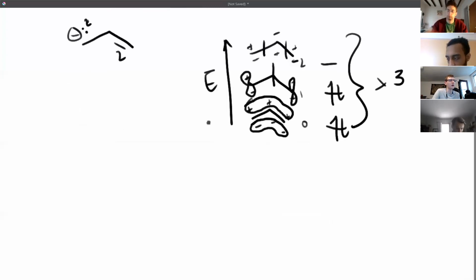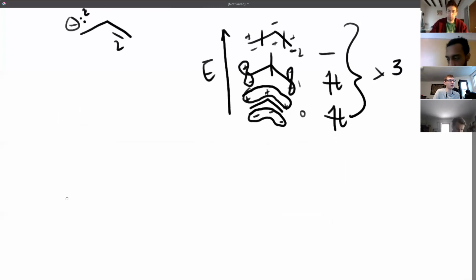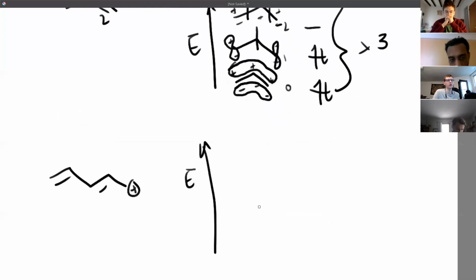So just as another example, let's say we had something like this right here. Well, we would write out this molecule 5 times.